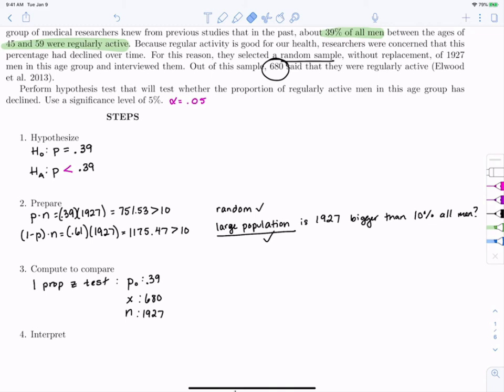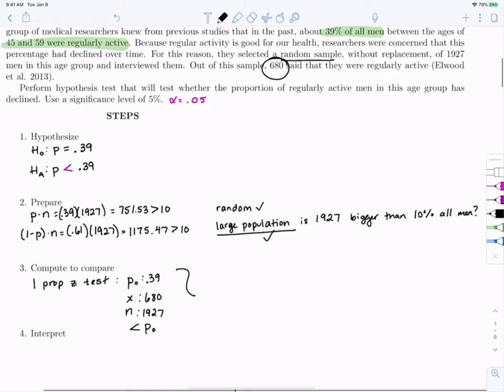The last thing I have to select is which symbol to use for my proportion test. And in this case, because my alternative hypothesis right here has a less than sign, I want to select the option with the less than sign. So that's going to be that it's less than p sub 0. And so after I put all of that in and I calculate, I get my printout, but the most important part is the p-value, of course.